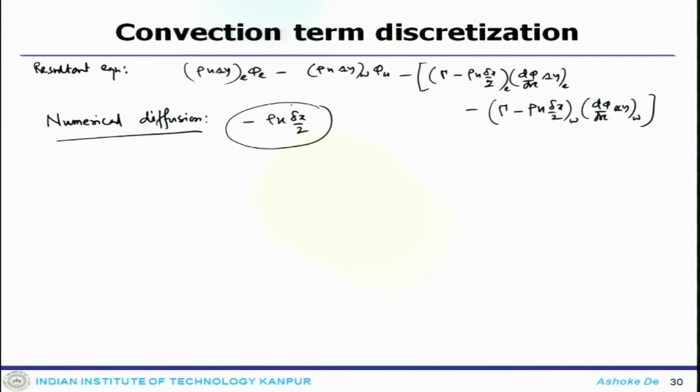Its effect is like an anti diffusion. So, this downwind scheme is termed anti diffusion because the error comes with a negative sign.